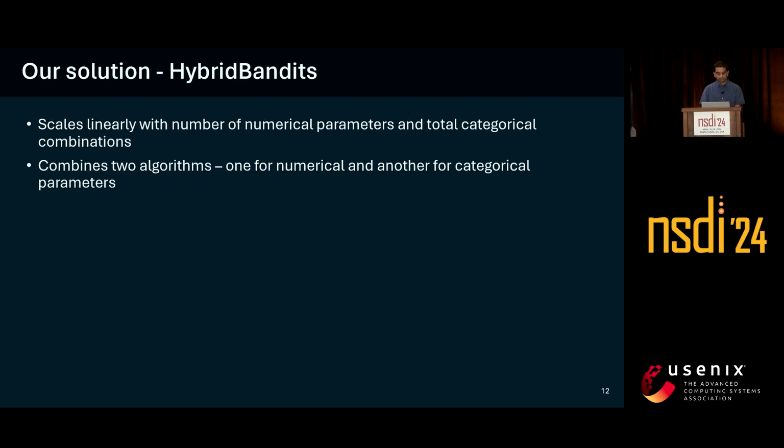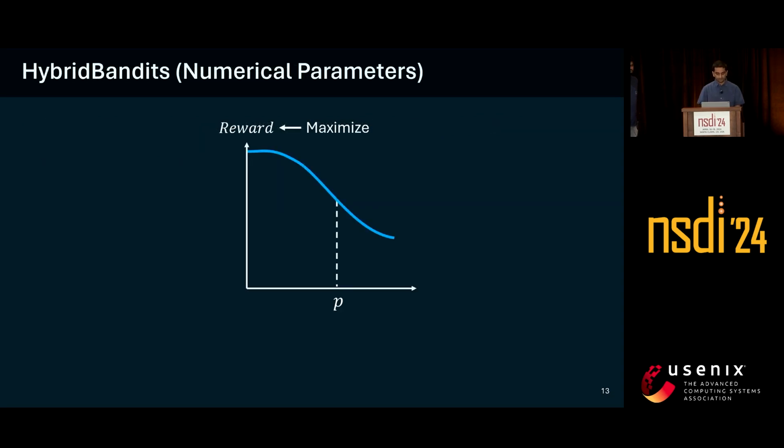We propose a novel algorithm called hybrid bandits that jointly tunes both numerical and categorical parameters and scales linearly with the number of numerical parameters and total categorical combinations. It uses a combination of two algorithms, one for tuning numerical parameters and another for categorical parameters. For the numerical parameters, it uses a derivative-free pseudo-gradient ascent-based approach and approximates the gradient of the reward function.